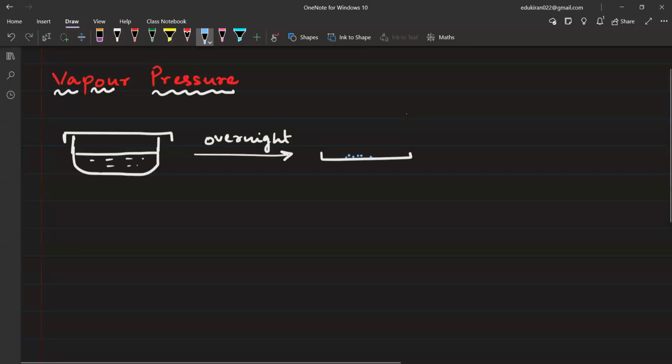Yes or no? Correct, guys? Hafsa, Deborah, Mariam Khatun, Shahid, tell me. You have water here, and you kept it overnight, and then if you see the lid, you will see some water droplets. Yes or no, guys? Please tell me. Am I audible, guys?